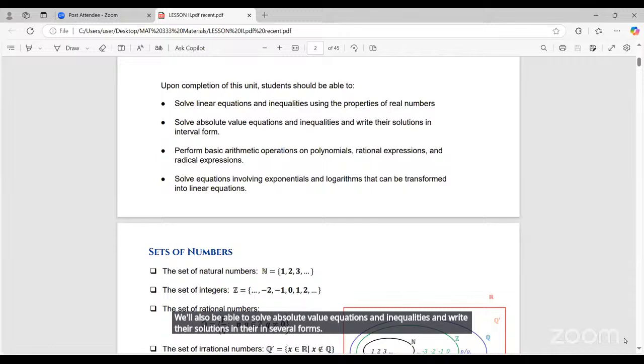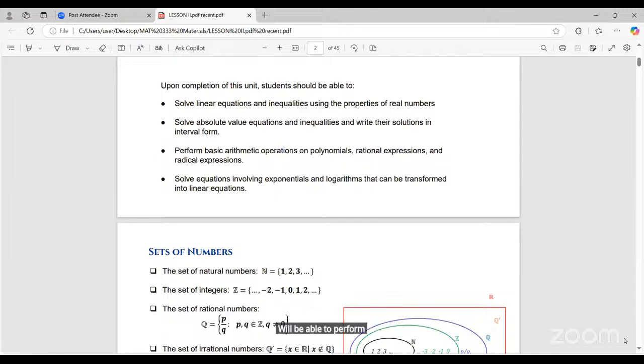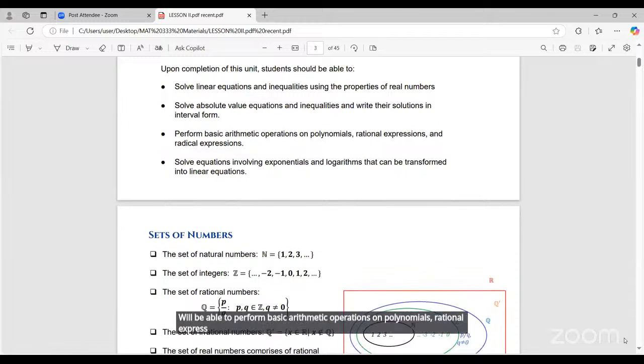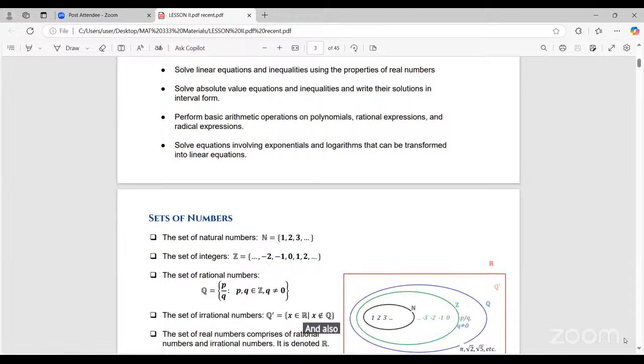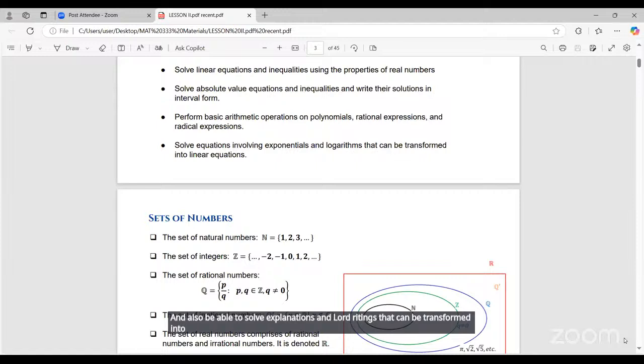We'll be able to perform basic arithmetic operations on polynomials, rational expressions, and radical expressions, and also be able to solve exponentials and logarithms that can be transformed into linear equations.